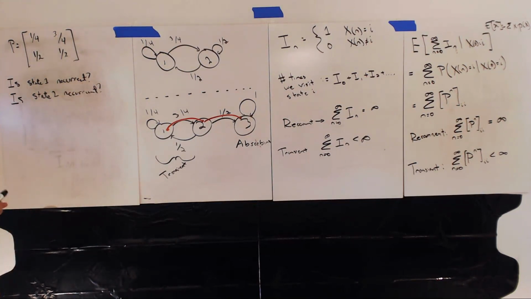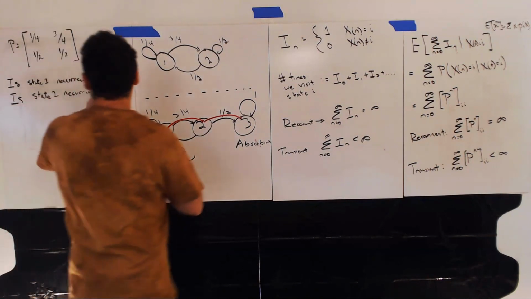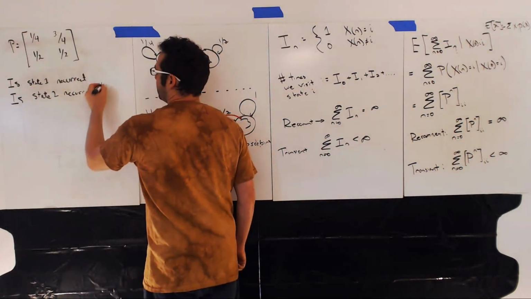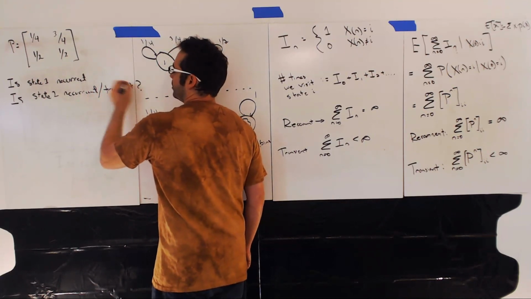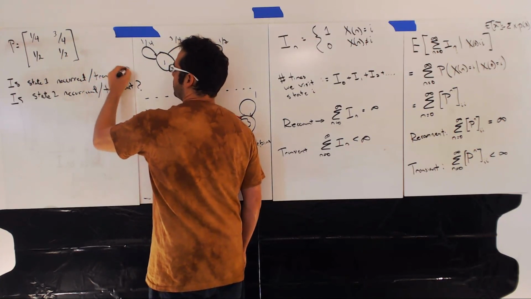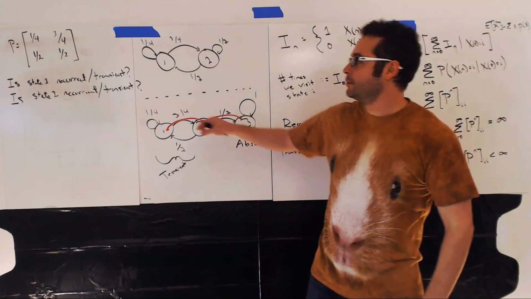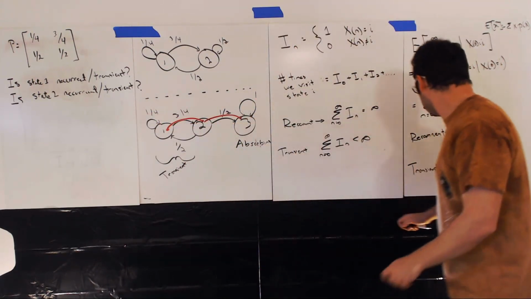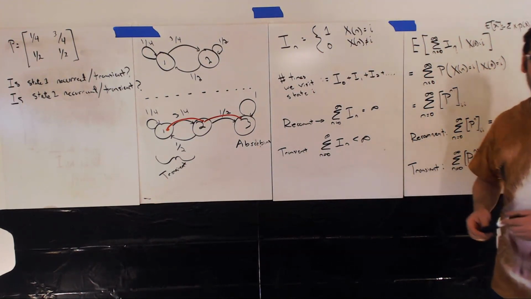In this case, we know neither of these states is absorbing, so really what we're asking is whether they are recurrent or transient. Okay. So I'm going to switch over to Octave, and we're going to go through this calculation to get some intuitive sense of how it might work out for this example.